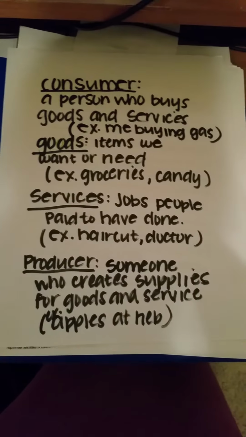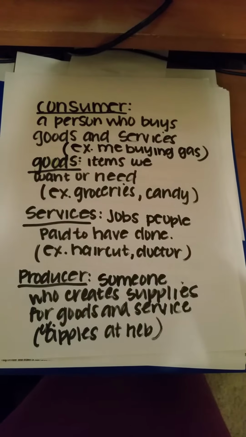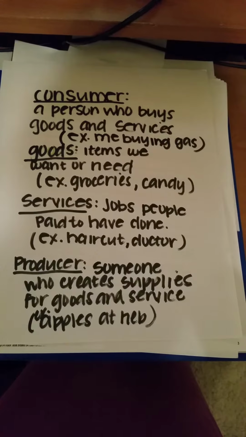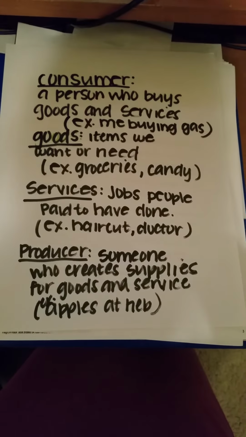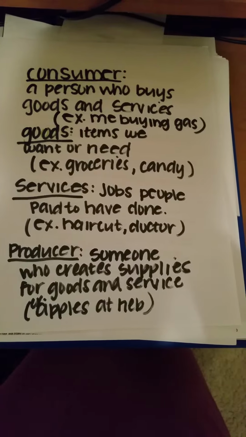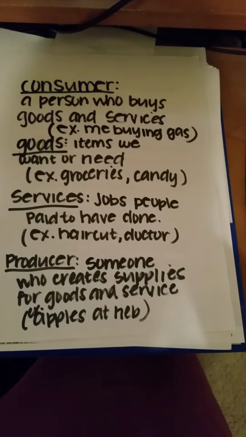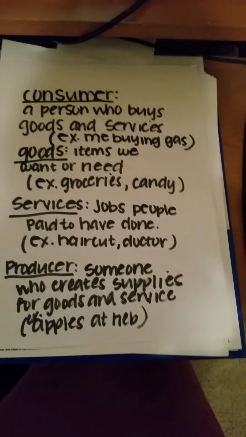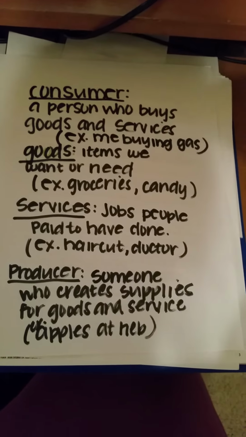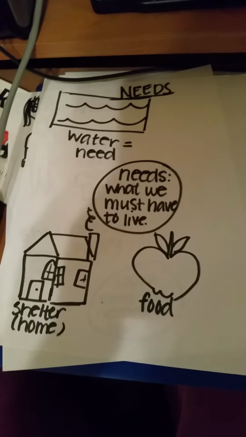And services are jobs people get paid to have done. Example would be going to get a haircut or going to see the doctor. And last, a producer is someone who creates supplies for goods and services. An example would be the apples at H-E-B. Or it could even be the person giving the supplies to H-E-B.